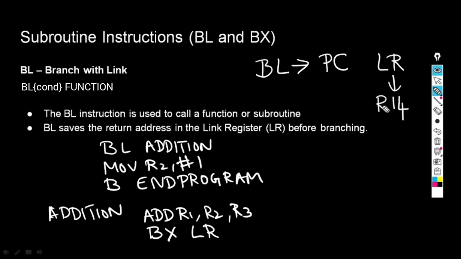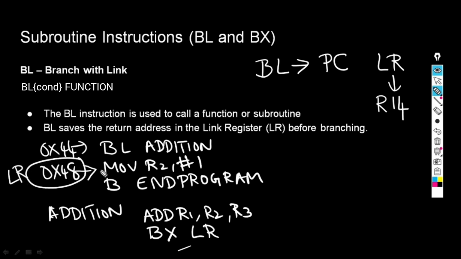This is used to store the address of the next instruction where you should return after executing a certain subroutine. So what will this store? If this address is 0x48, in that particular case this address will be stored in link register.